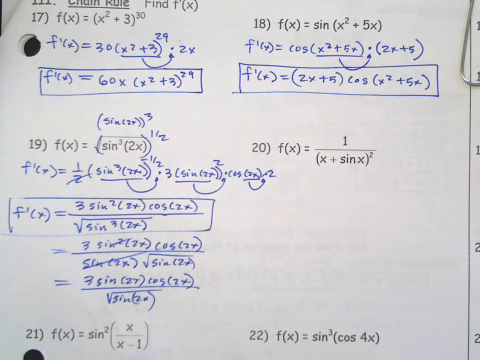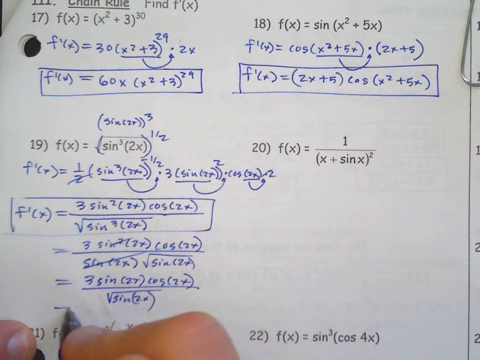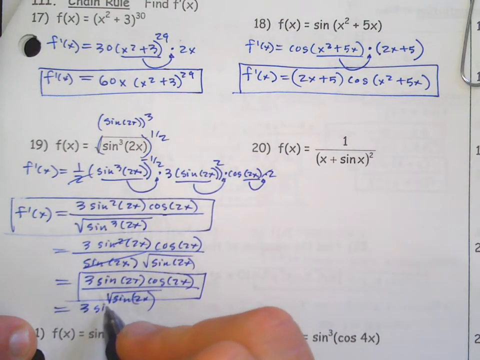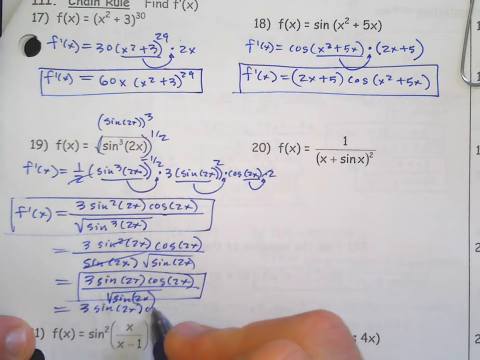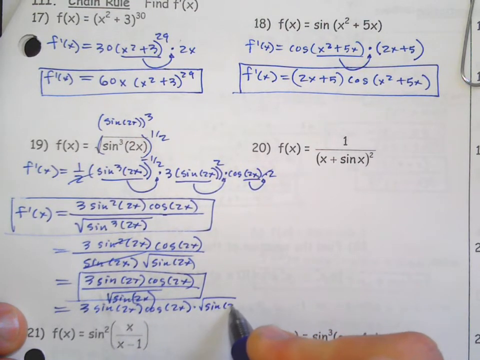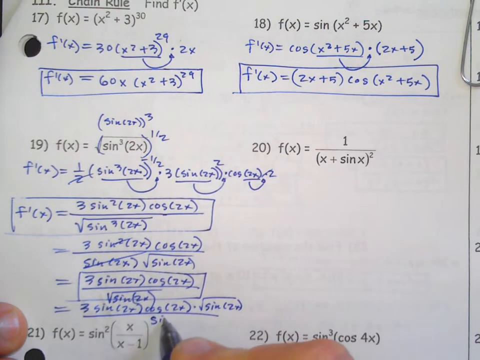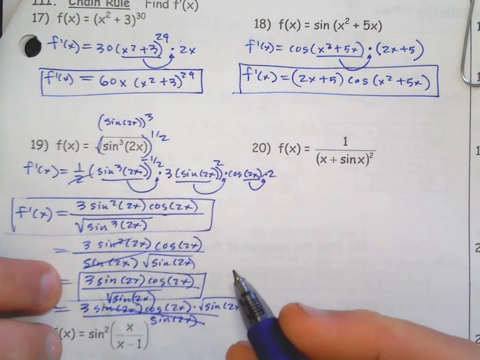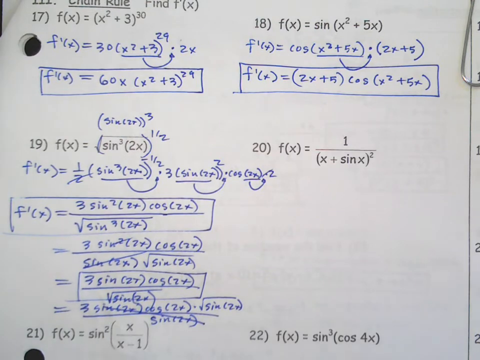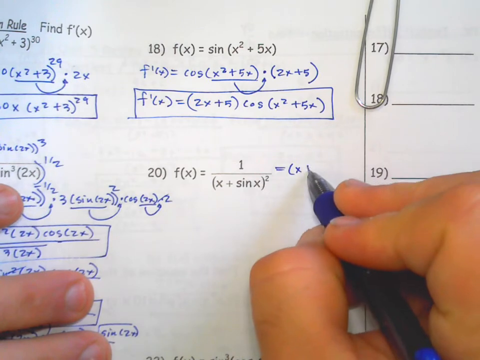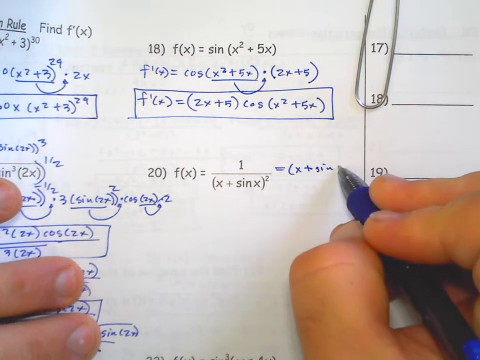I mean, we could rationalize the denominator if you did that. But the original one's fine. So we could keep going. So, anyways, at 20, you know, you could do quotient rule, but you could also do this.